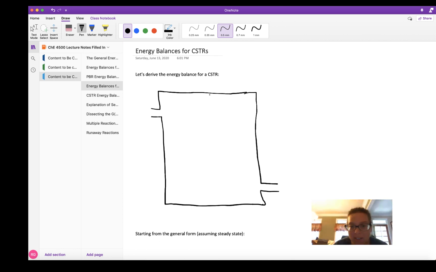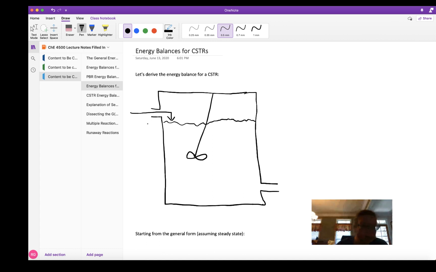The tank has a stir. And maybe it's a liquid reaction and maybe it's filled about this far. We have stuff coming in here, so reactants and products.